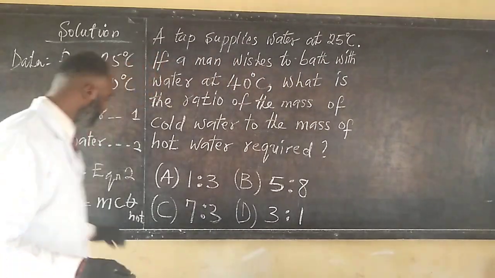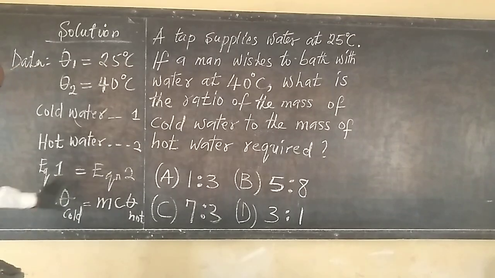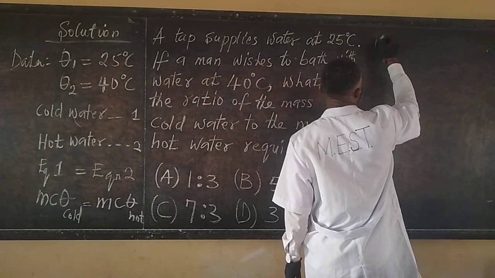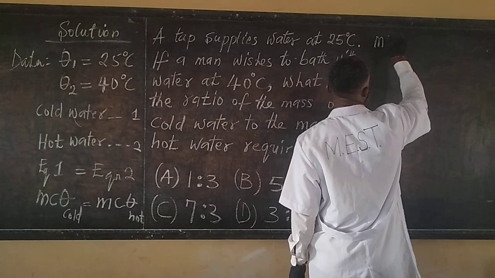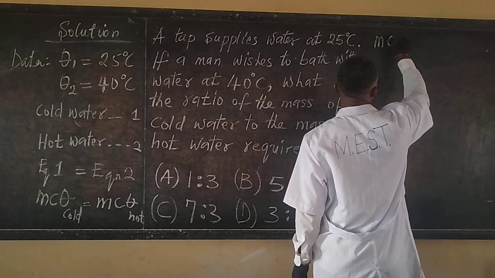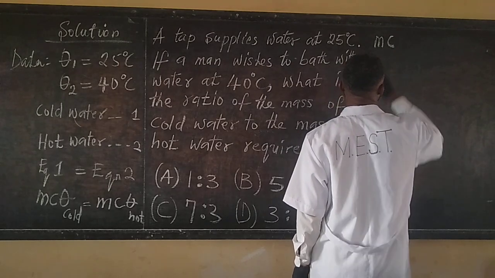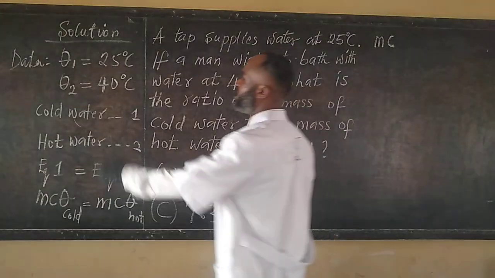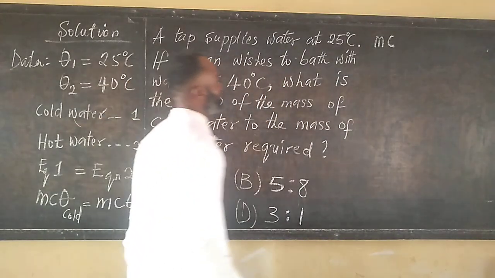Now we have established a simple formula that will help us solve this. So let's substitute. Nothing is given for mass when the water is cold, nor specific heat capacity, but there is temperature: 25 degrees Celsius.